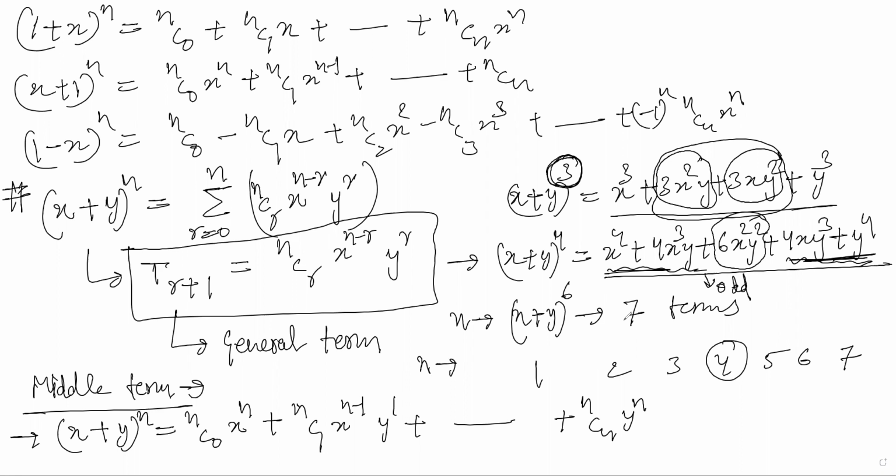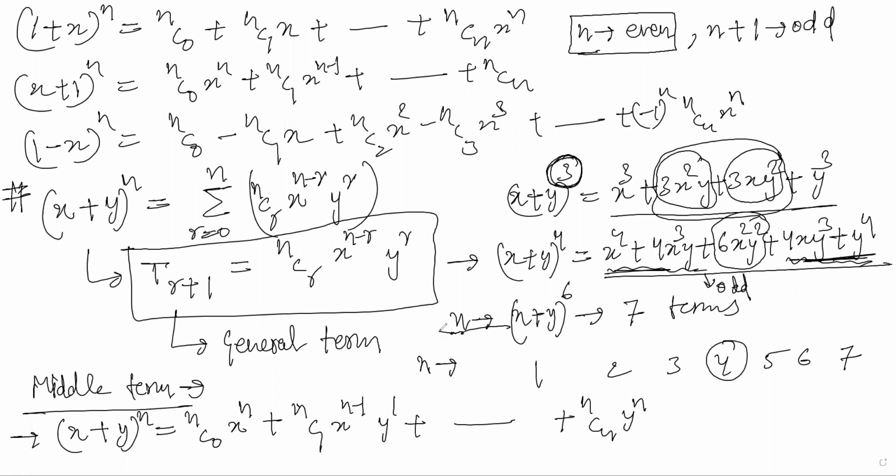If the power is even, the total number of terms will always be odd. Why? Because if the power is even, the total number of terms will be n plus 1, which is odd. So if n is even, if you're trying to find any even power expansion, you will get exactly one middle term.